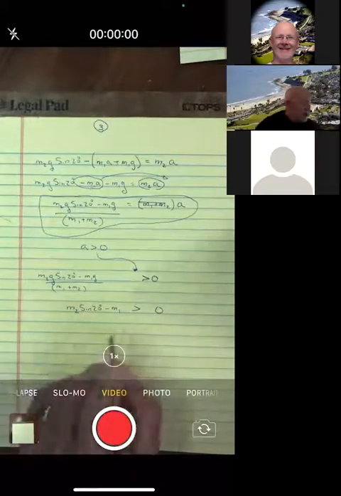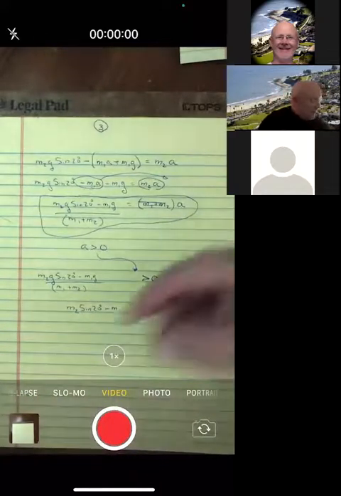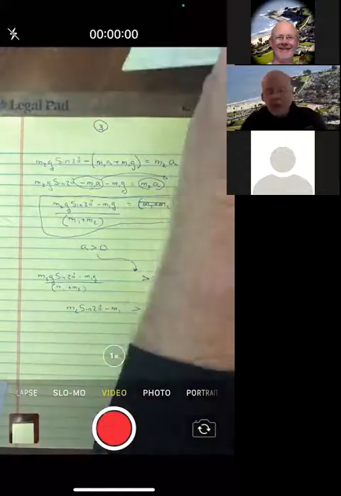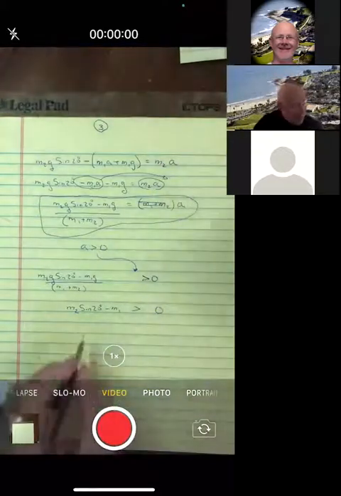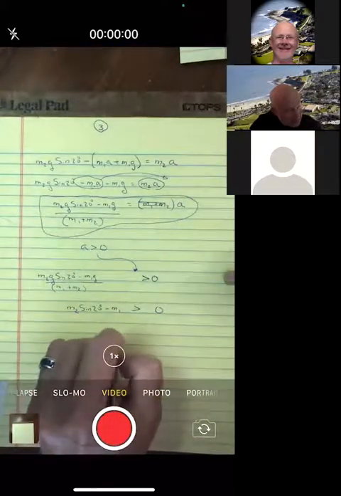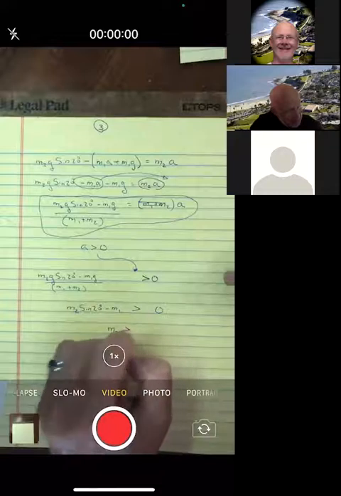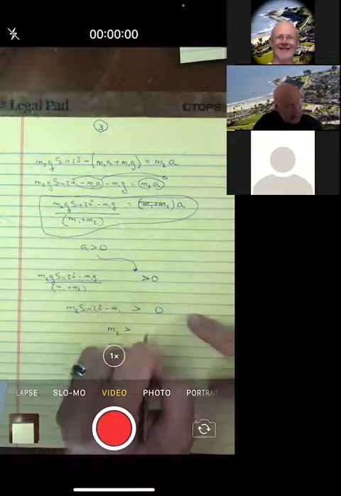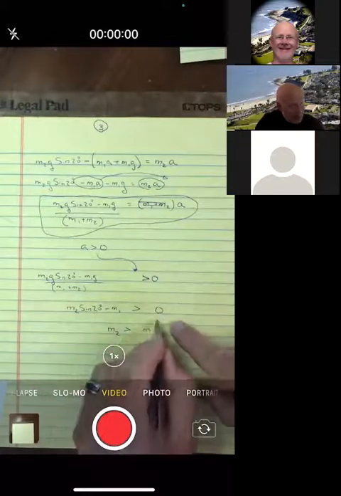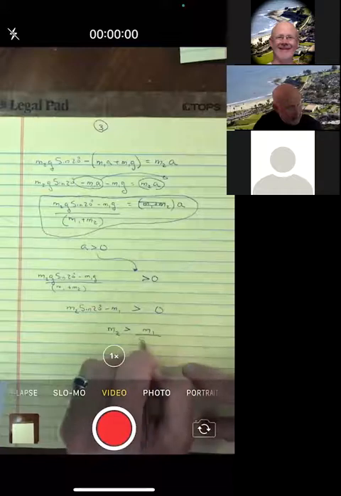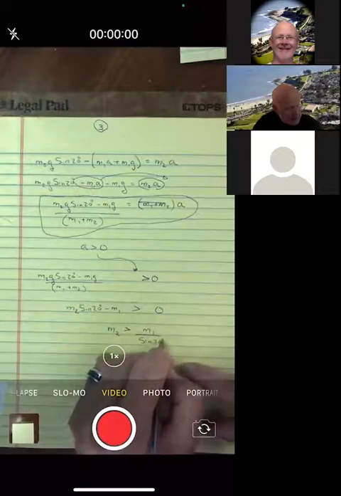And we're trying to solve for M2. So to solve for M2, this says M2 has to be greater than, so I'll bring the M1 over, and then I'll divide by the sine of 20 degrees.